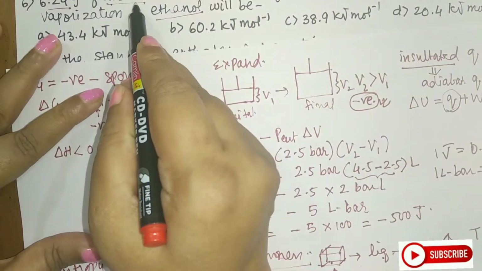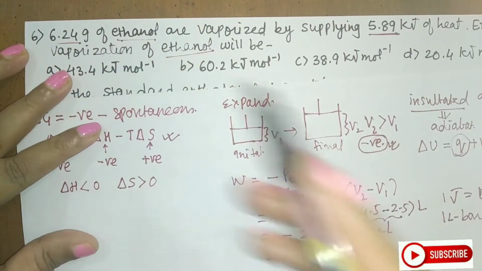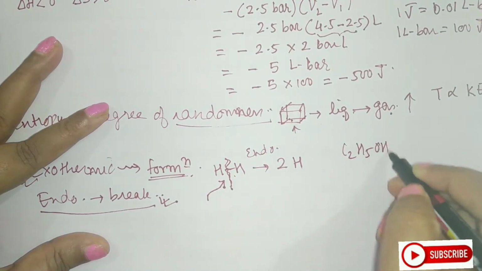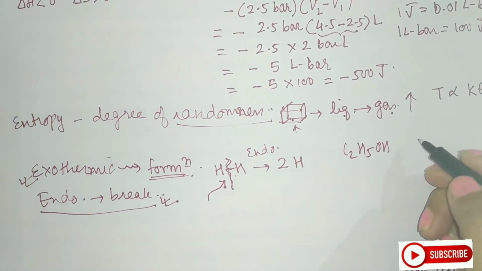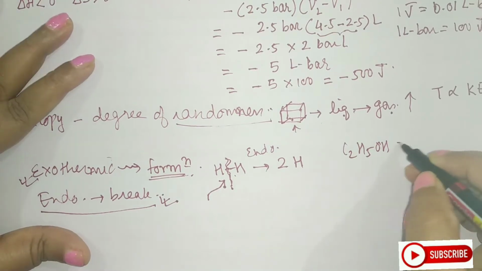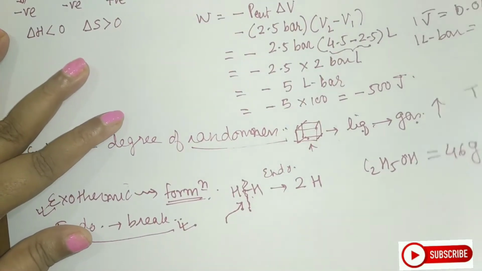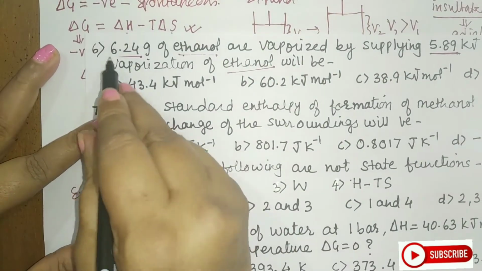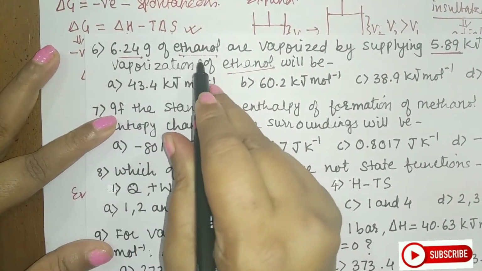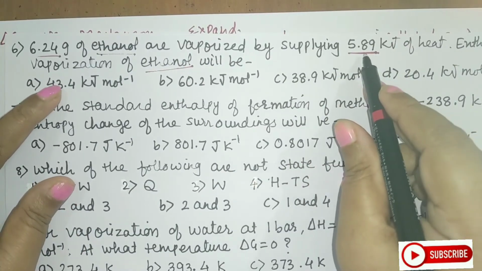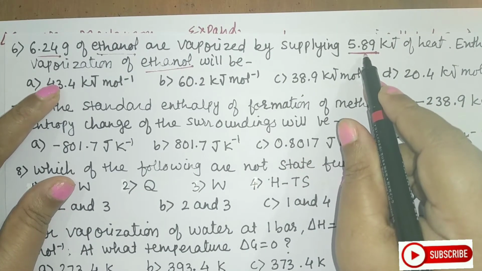Now students, you must know the molecular weight of ethanol. What is ethanol? It is C2H5OH. If you calculate its molar mass, this comes out to be 46 gram. Now students, here they are asking, what have they given? When 6.24 gram of ethanol is vaporized, how much energy is released? The energy which is released is 5.89, or it is to be supplied for the vaporization.